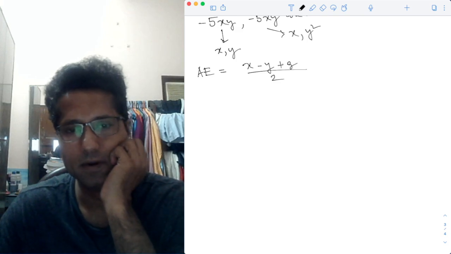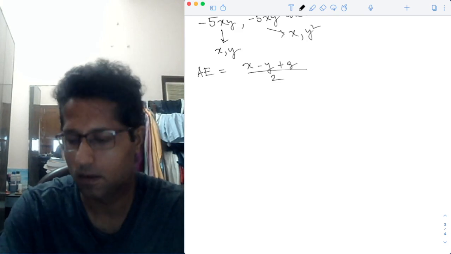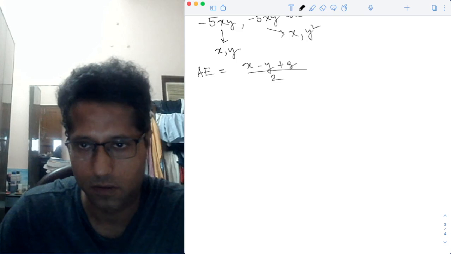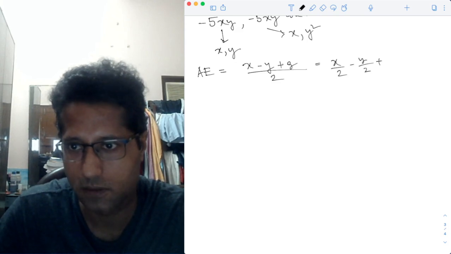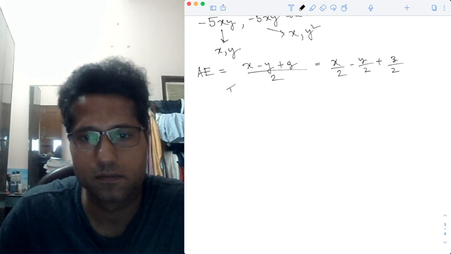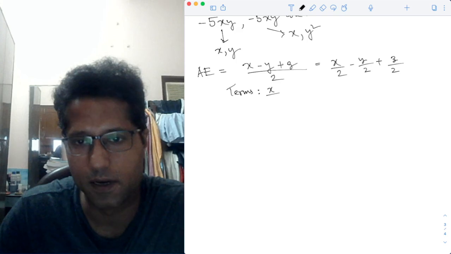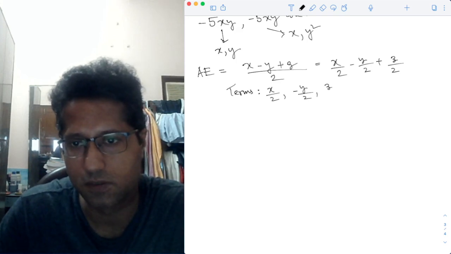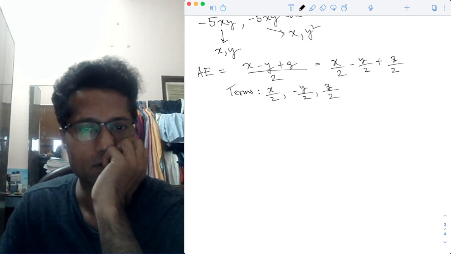Remember that the terms of an algebraic expression are separated by plus and minus. So this is nothing but x by 2 minus y by 2 plus z by 2. So the terms are x by 2, minus y by 2, and z by 2.